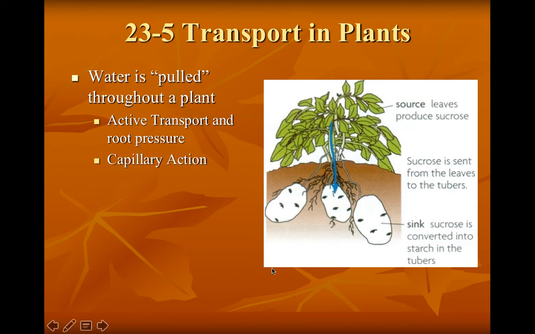Okay, then there's also something called capillary action, and this is a really important phenomenon that allows water to move upwards from the roots to the rest of the plant. Capillary action takes advantage of two properties of water called cohesion and adhesion.